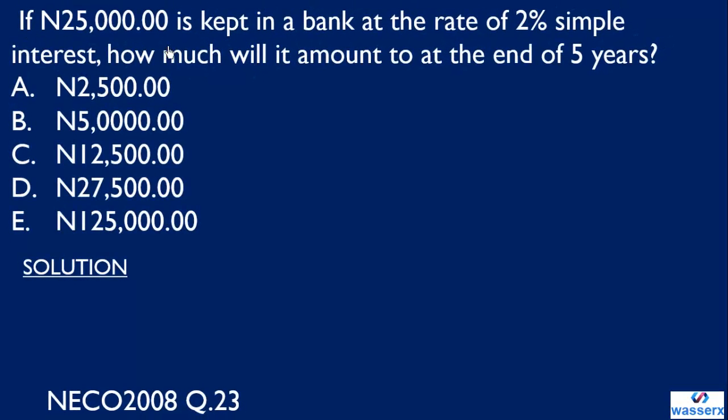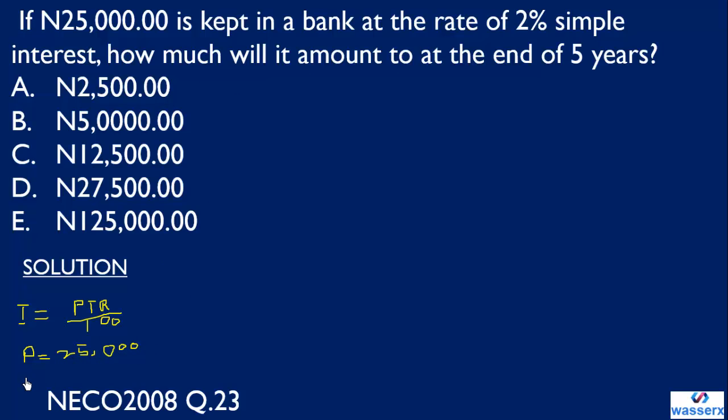Now we have this. If 25,000 naira is kept in a bank at the rate of 2% simple interest, how much will it amount to at the end of 5 years? So we have the simple interest formula, I equal P times T times R over 100. So we know the principal is equal to 25,000 naira.